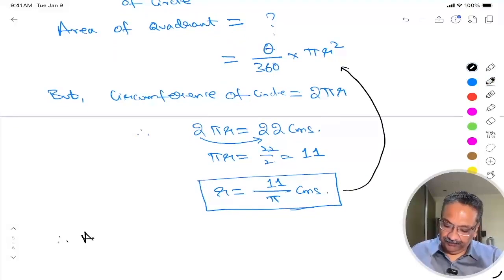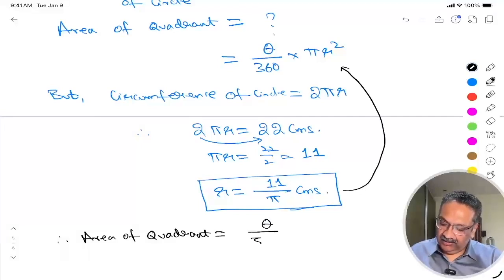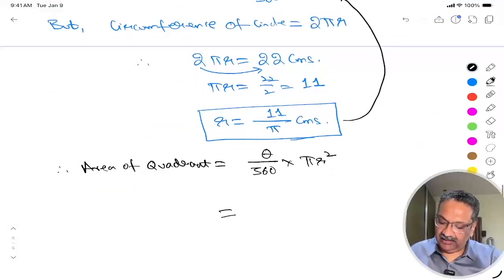Therefore area of quadrant is equal to theta by 360 into pi r square. We have theta as 90 degrees divided by 360 into pi into r square, which is 11 by pi into 11 by pi.